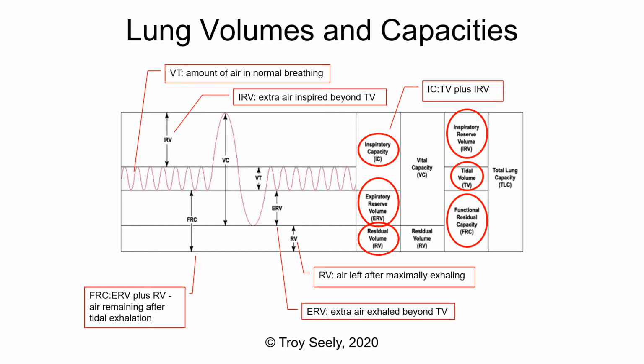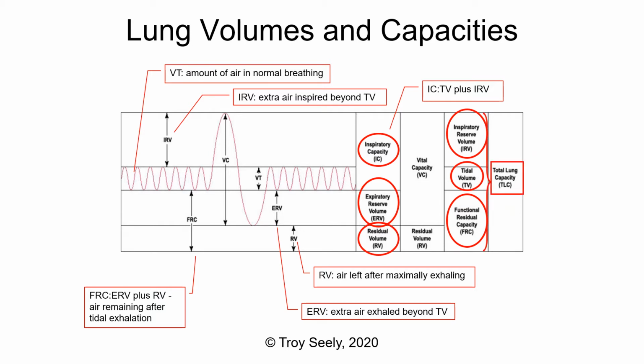So in tidal volume, you breathe in, you breathe out naturally. If you're breathing out at a resting rate, there's still going to be some air that's left in the lungs. And some of that will be the expiratory reserve volume, the air you can push out further if you forcefully breathe out, as well as residual volume, the air in the lungs you can never get out.